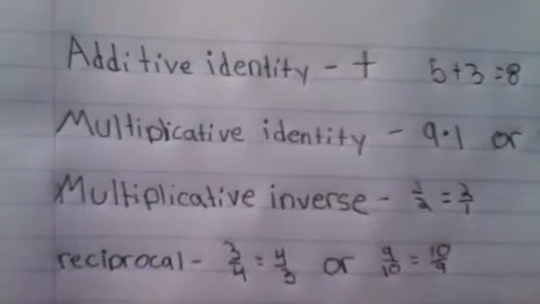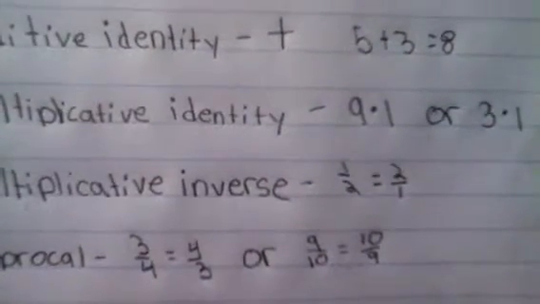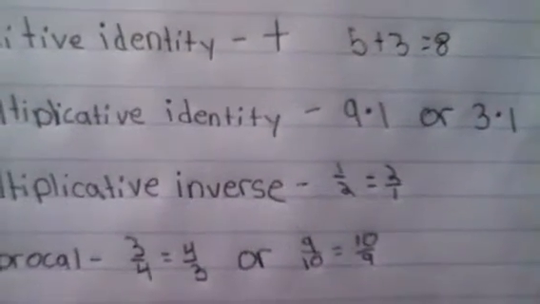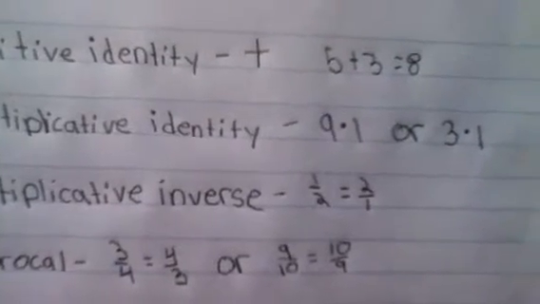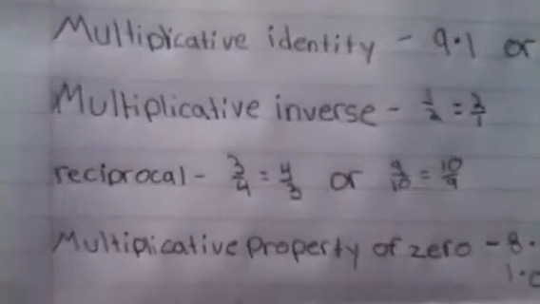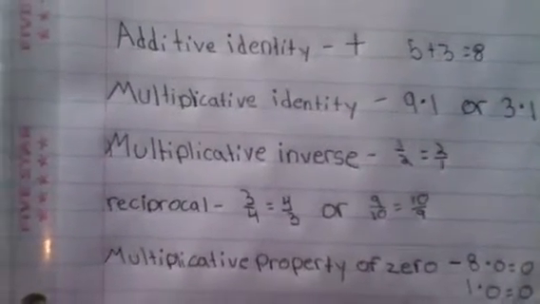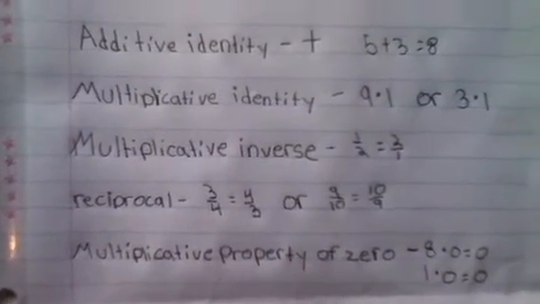Here we have 1 over 2 equals 2 over 1. And as for reciprocal, we have 3 over 4 equals 4 over 3, or 9 over 10, or 10 over 9. Okay, same thing as you see. Multiplicative inverse and reciprocal are pretty much the same, okay?